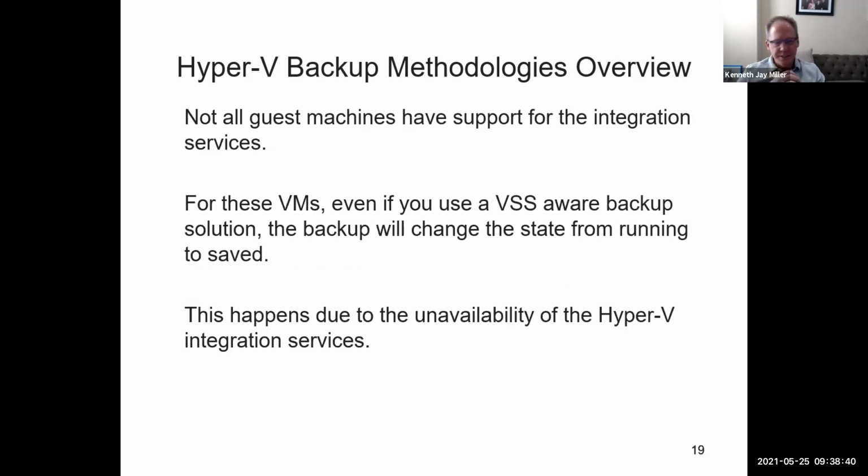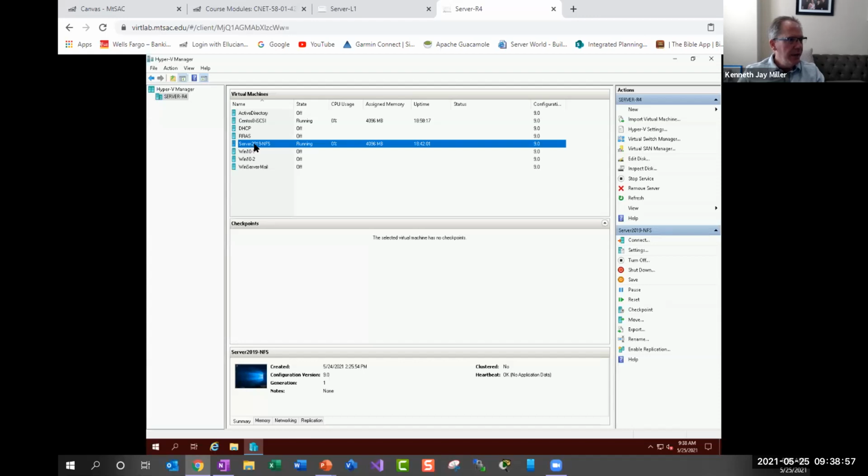Not all guest machines have support for the integration services. For these VMs, even if you use a VSS aware backup solution, the backup will change the state from running to saved. So the backup will come into our machine and change the state to saved, which will pause this VM that's running.